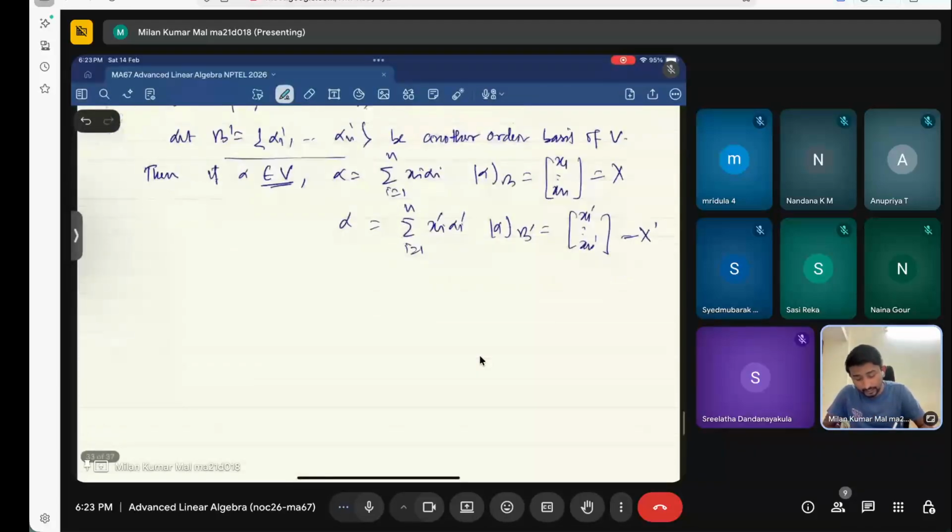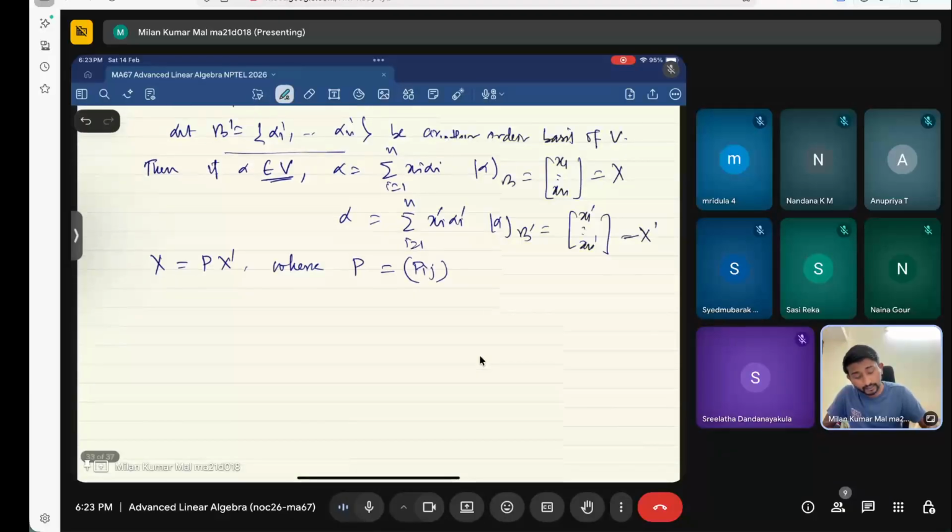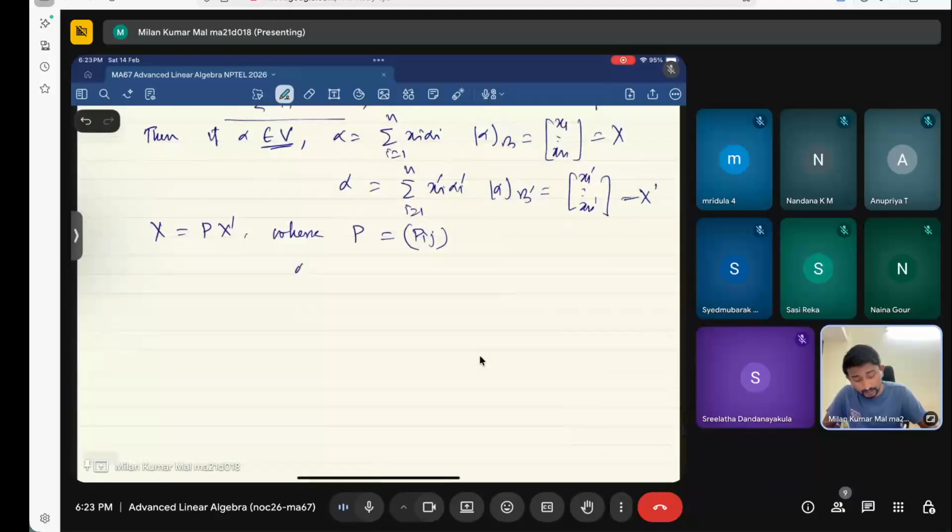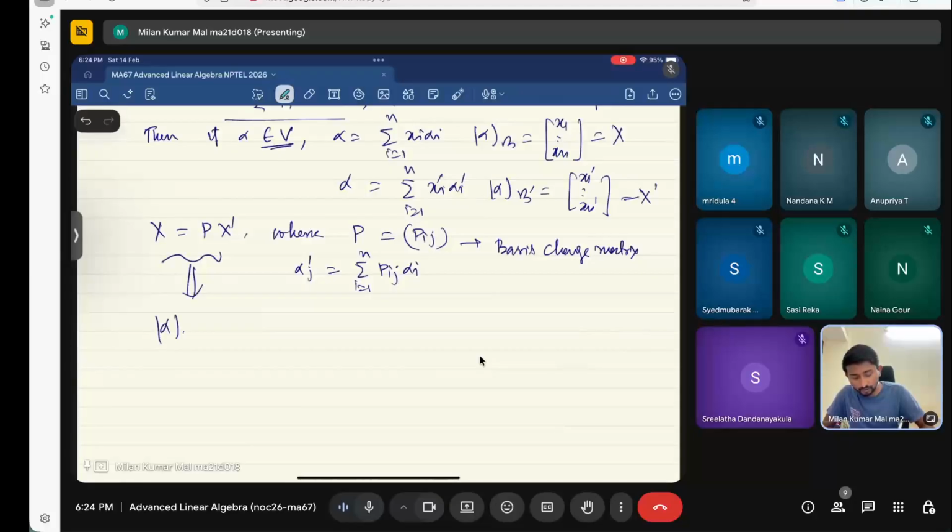That relation is x equals P x dash, where P is the matrix Pij, given by alpha j dash equals the summation of Pij alpha i, i equals 1 to n. This is called the basis change matrix. So this fact says that any vector alpha with respect to the ordered basis B is equal to P into alpha with respect to the ordered basis B dash.